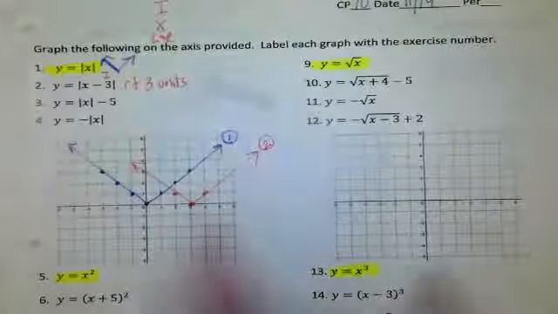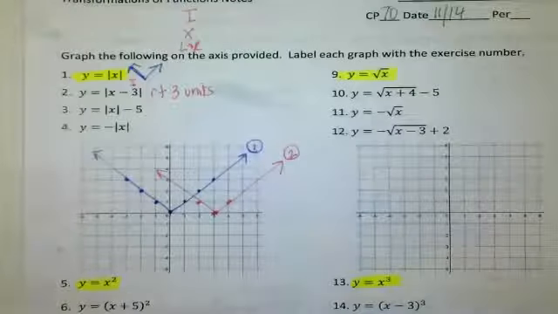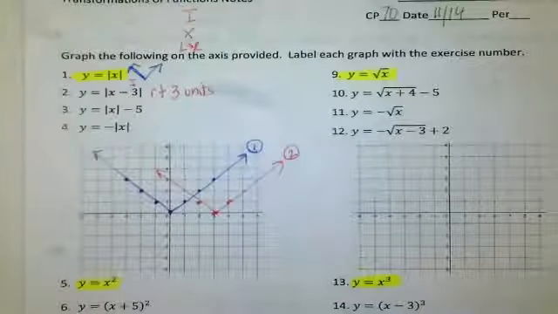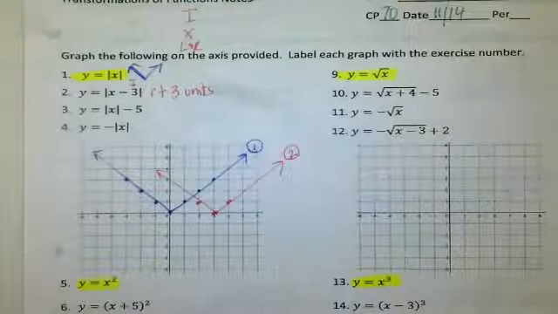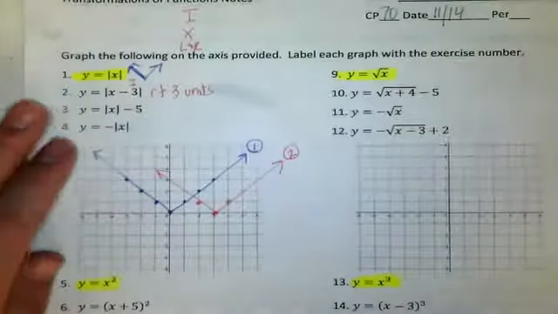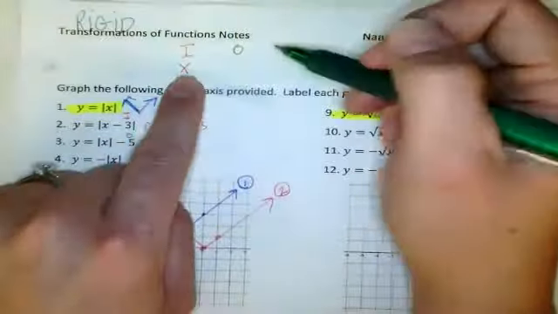This is the transformation, and that's a good thing to write down. Now, that -5 on number 3. Is that -5 on the inside or the outside? The outside. Stuff on the outside must affect not the x's, but the y values.